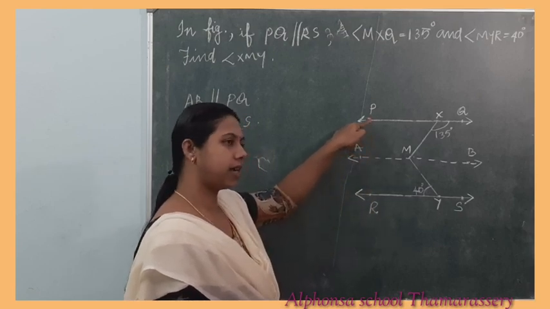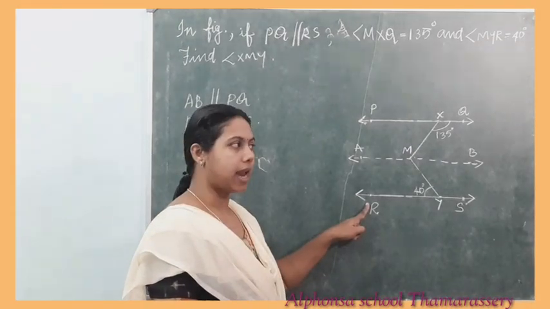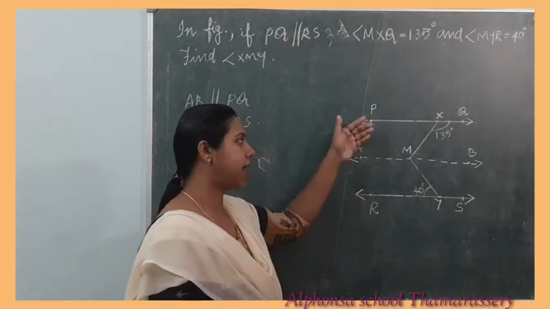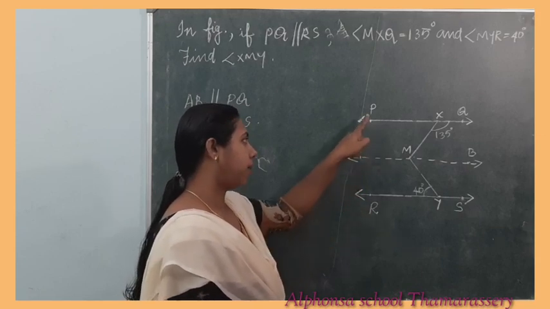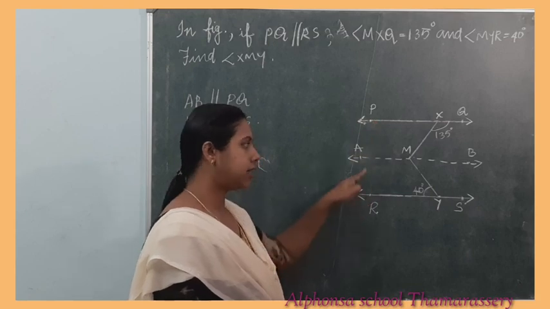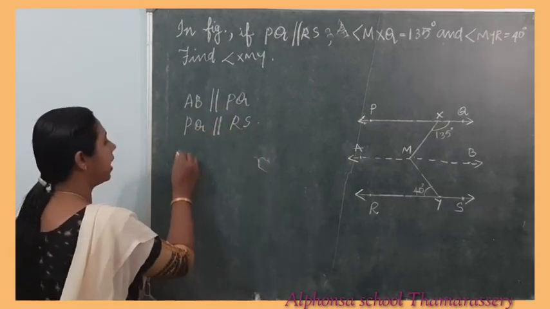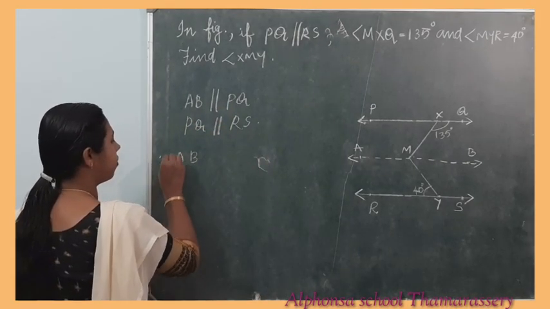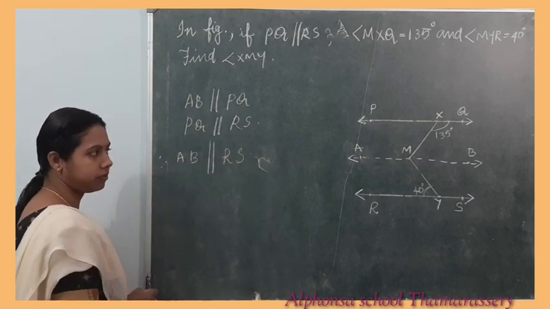So by the theorem, lines which are parallel to the same line are parallel to each other. Therefore, AB is parallel to RS.